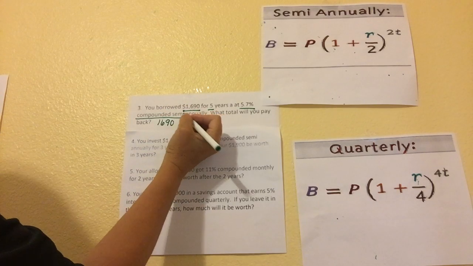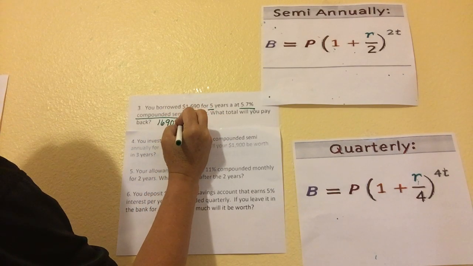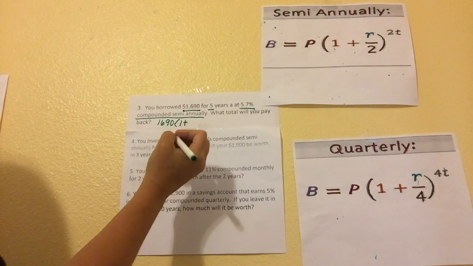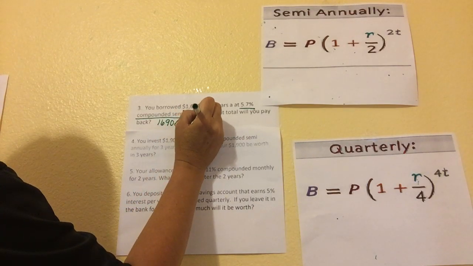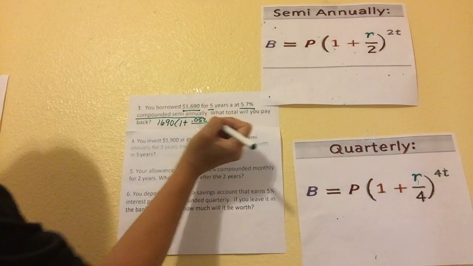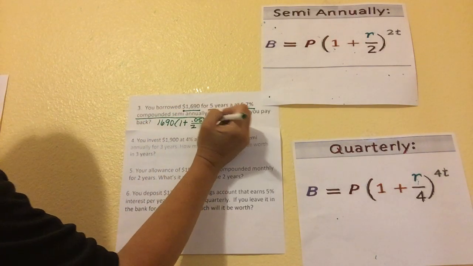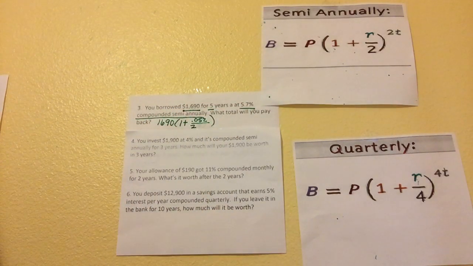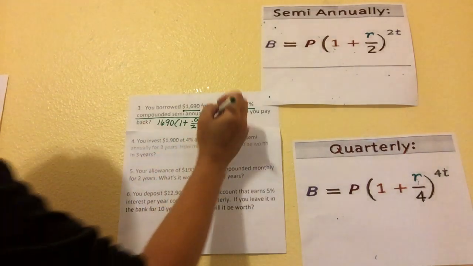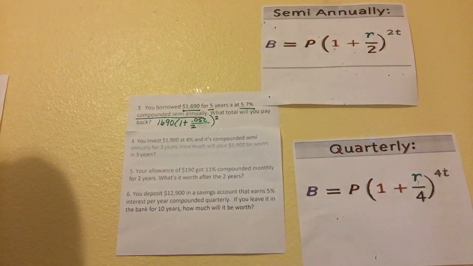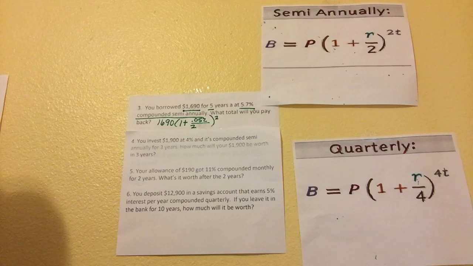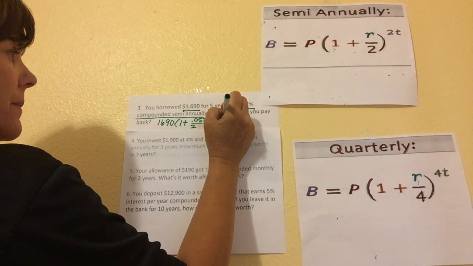1690, 1 plus 0.052, that's our interest, over 2. And our time is, well, for our formula, it's 2 because it's semi, twice a year. And then 5, it's a 5-year.